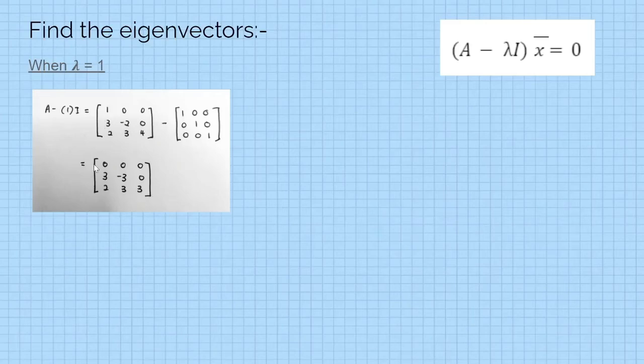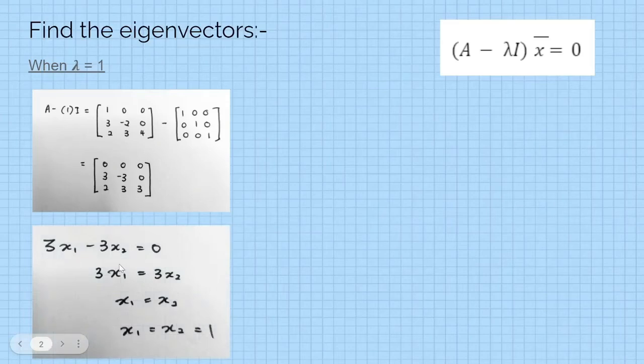Because the first row is not going to give us any information, we just go to the second row, which is 3, -3, and 0. Using this equation, (A minus lambda I) multiplied by the eigenvector equals 0, we get 3x1 minus 3x2 equals 0.